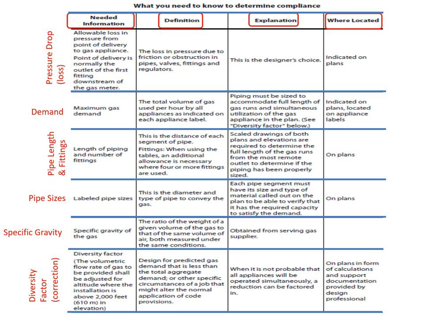So again, we need to understand the type of appliances, the function of the appliances, and the operating characteristics and control of the appliances as well to make good informed decisions about designing the gas pipe system.